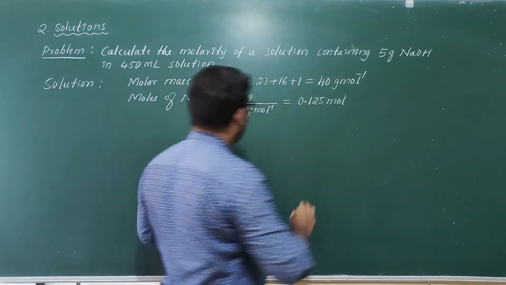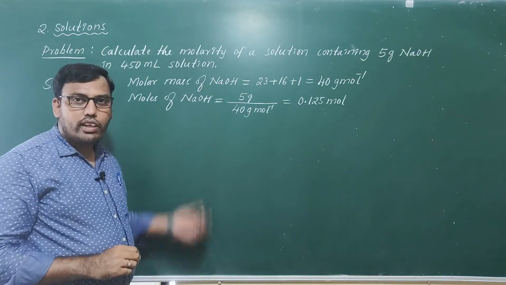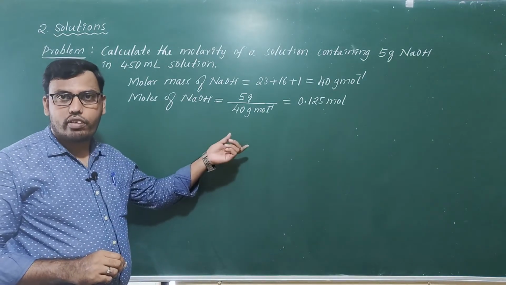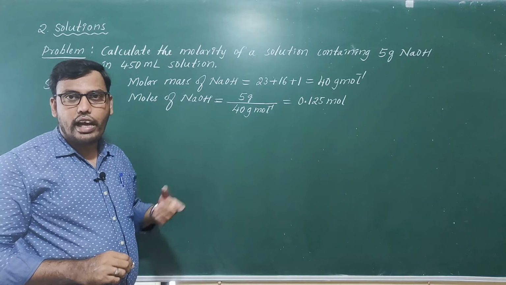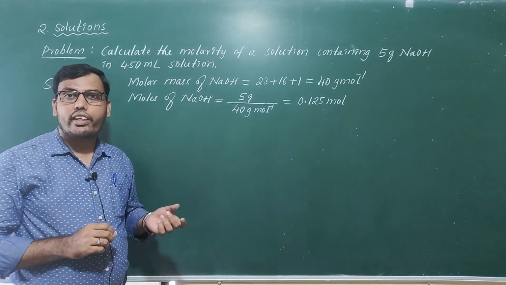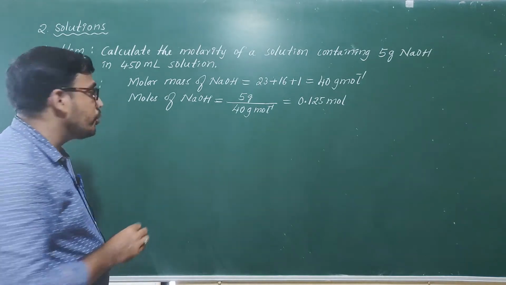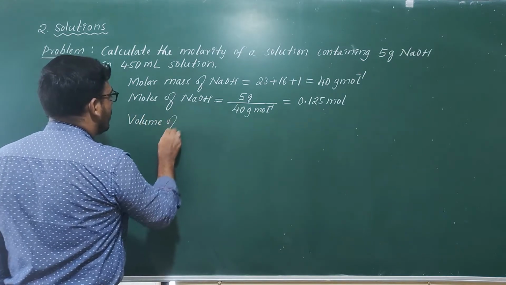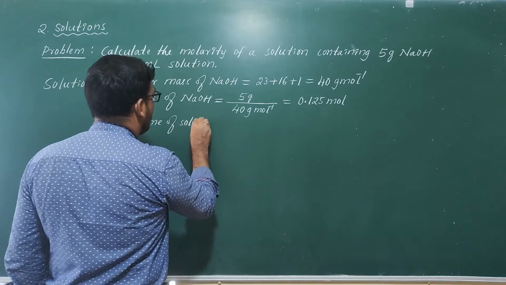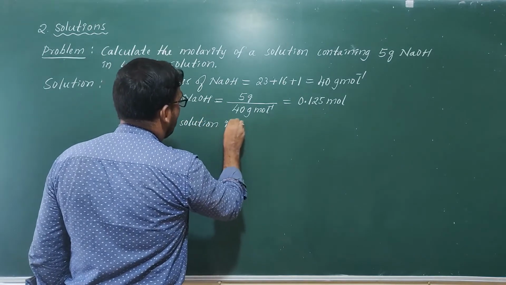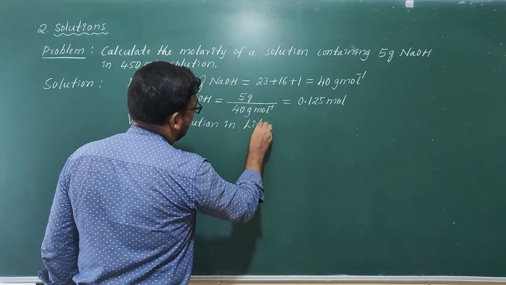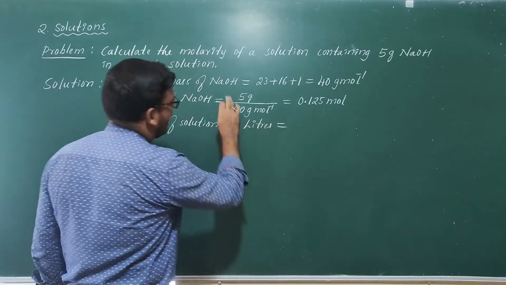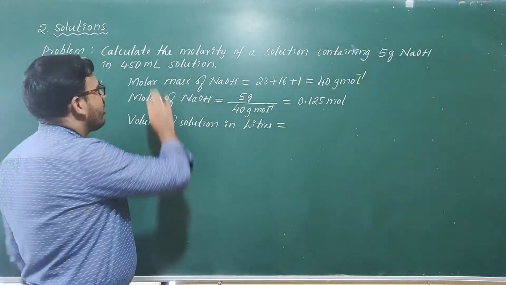mole. So this is our numerator now, because molarity is equal to moles of NaOH is the part of our answer. So in denominator we are having volume of solution in liters. So therefore volume of solution in liters, it is given in milliliter.